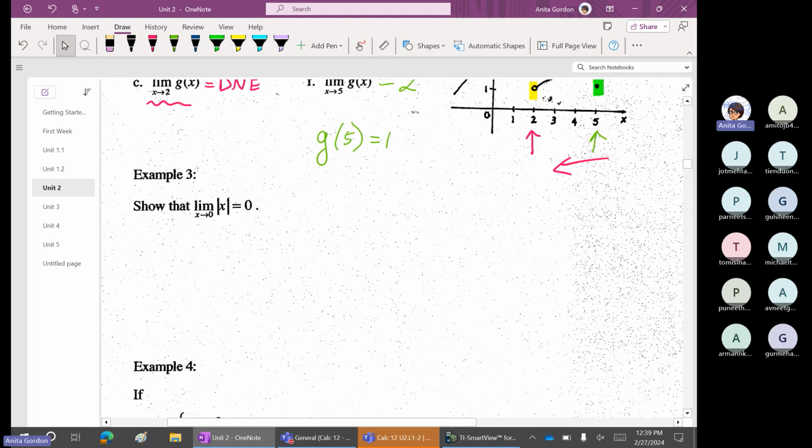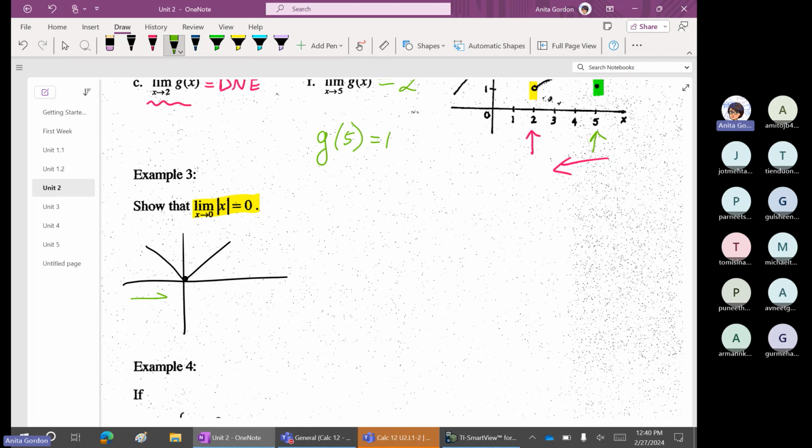Okay, let's look at an absolute value. What does the absolute value graph look like? It's a V centered at 0, 0. Now, in example 3, it says the limit as x approaches 0 of the absolute value.